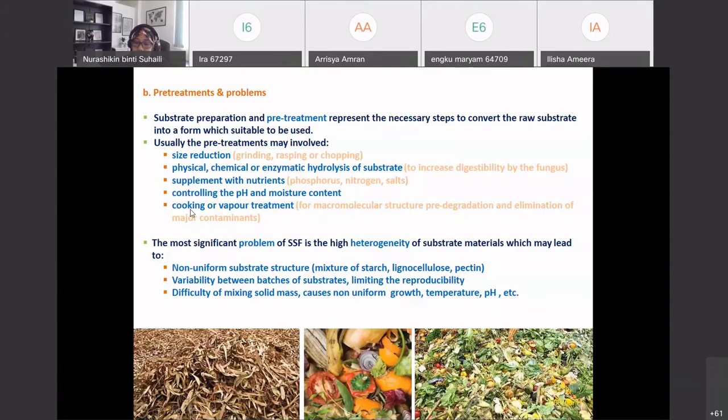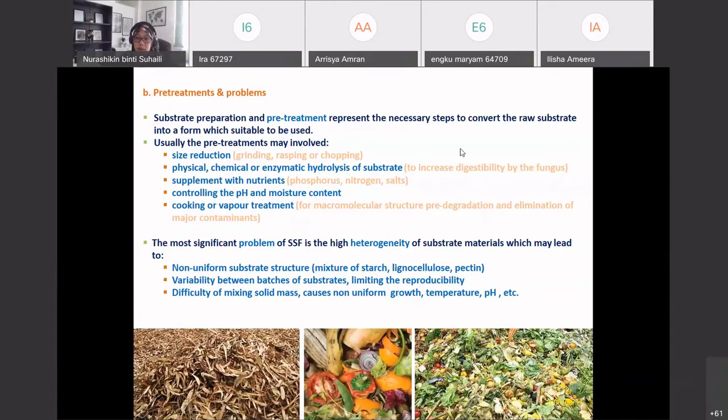Okay, cooking, just now, if you prepare the soybeans for the tempeh, for the tempeh production, you cook the soybeans first. So that is a kind of pre-treatment in that particular process. You cook the rice, that is also one of the pre-treatments for that particular fermentation. Okay, so that's the pre-treatment.